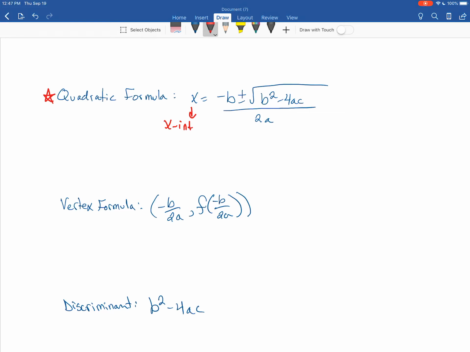But if you look really carefully in it, the other formulas are held inside it. The discriminant is just the part that's underneath the radical. So if you remember the quadratic formula, all you need to remember then really is that what's under the square root is also the discriminant.